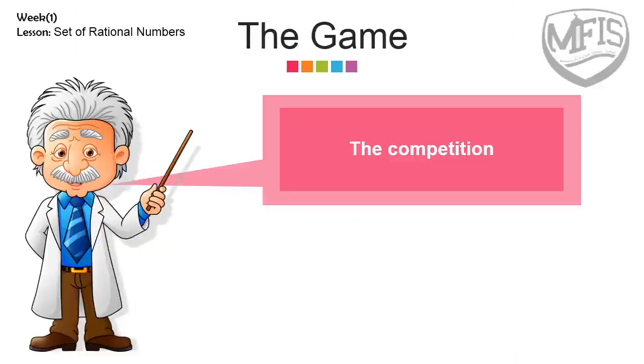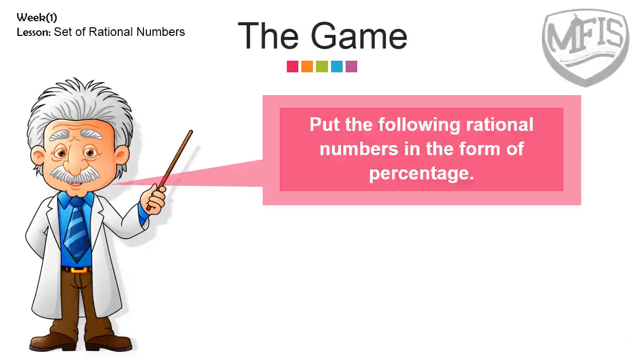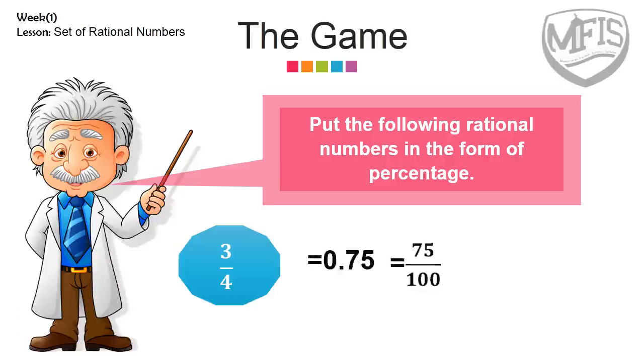Hooray! We have now reached one of the amazing times. It will be the game time. Put the following rational numbers in the form of a percentage. 3 over 4, or 3 quarters, equals 0.75, which equals 75 over 100.